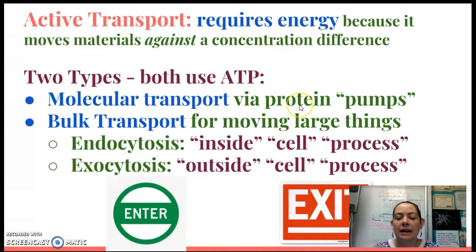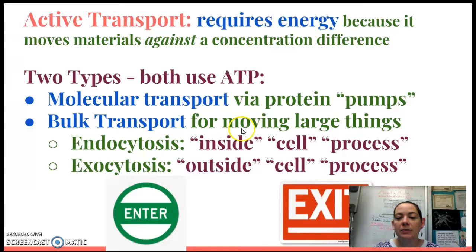An example is your stomach cells making acids to help break down your food. They're pumping stomach acid into your stomach, coming out of the cells using these protein pumps. They require ATP to move that acid out into a high concentration area.